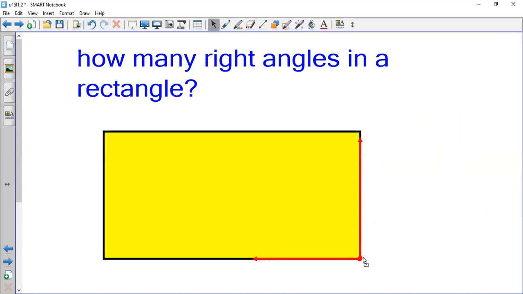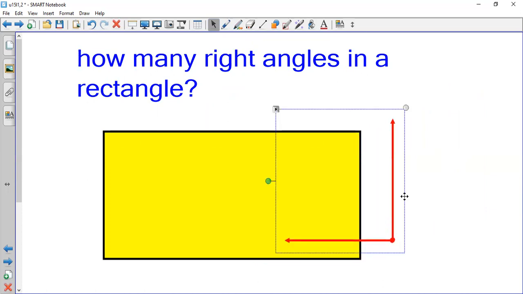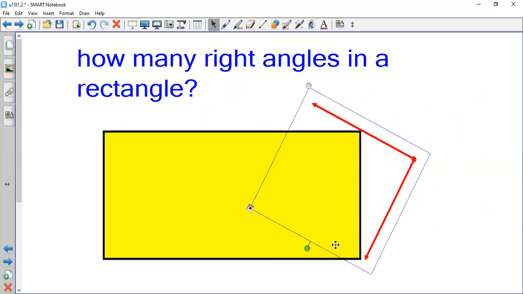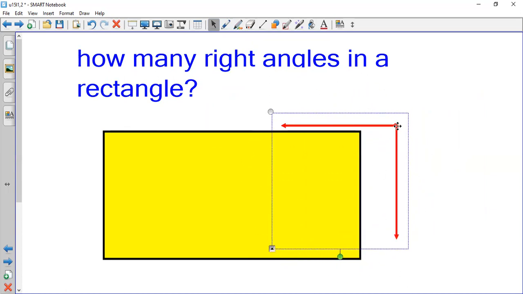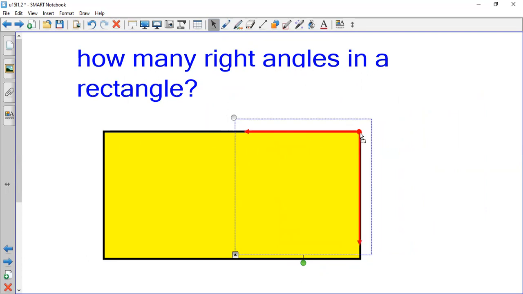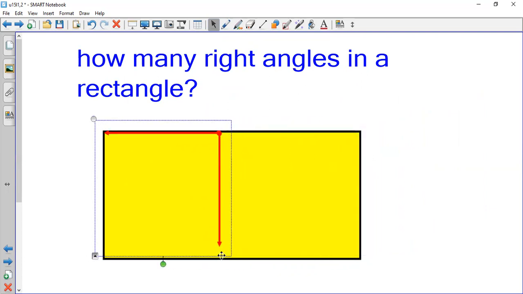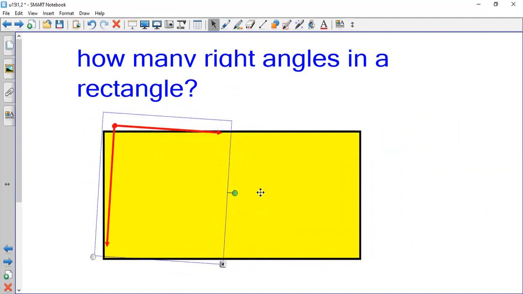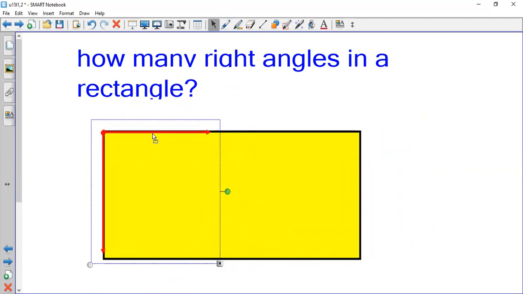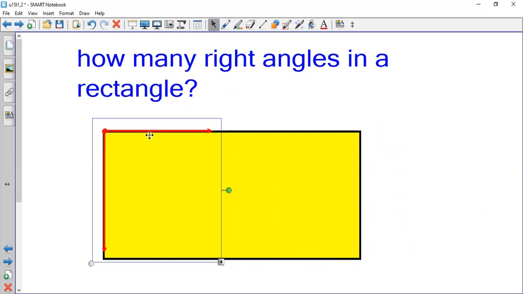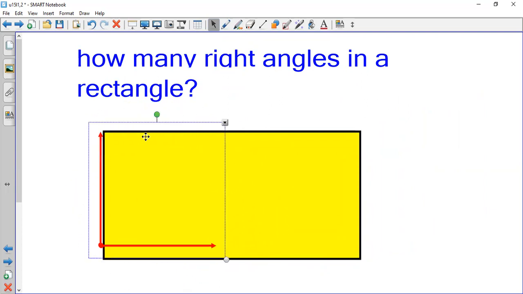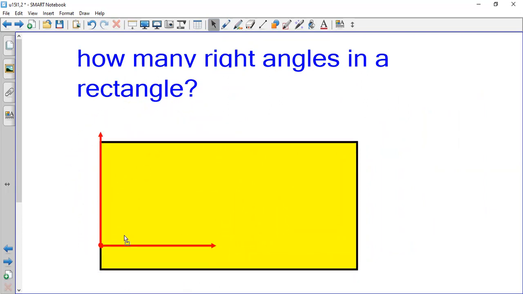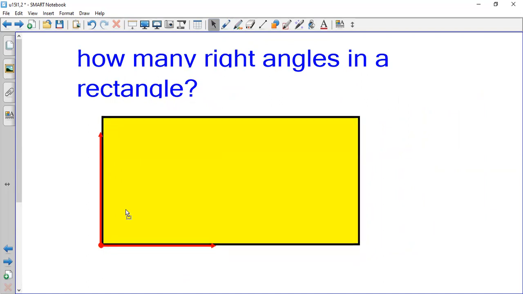Here, I have one right angle, and here another right angle, and here I have another right angle, and here exactly is a right angle.